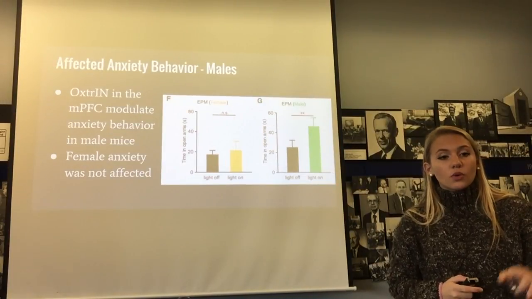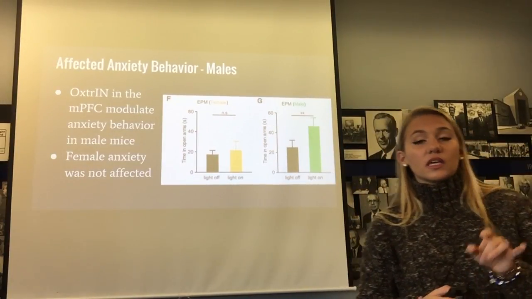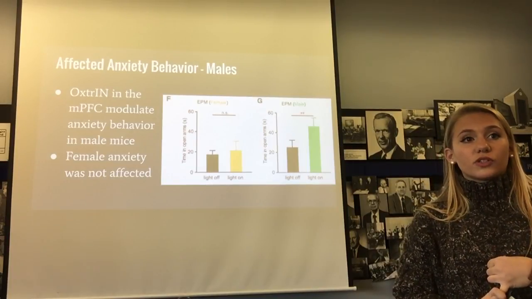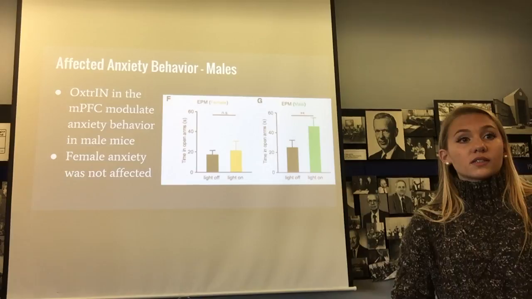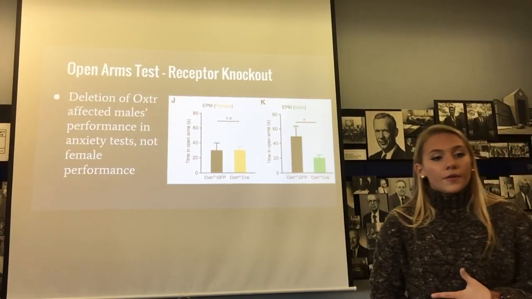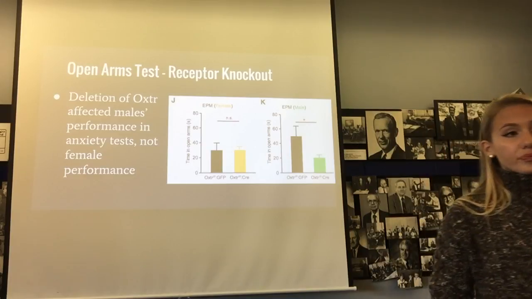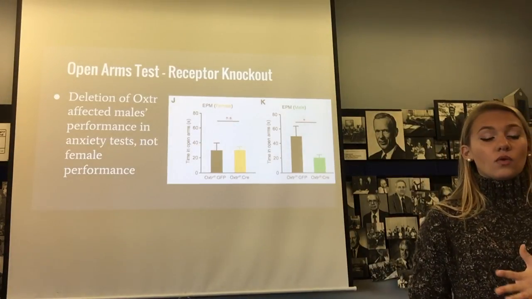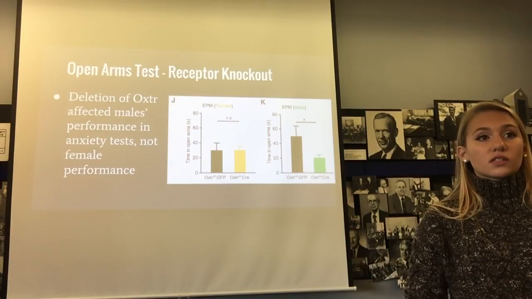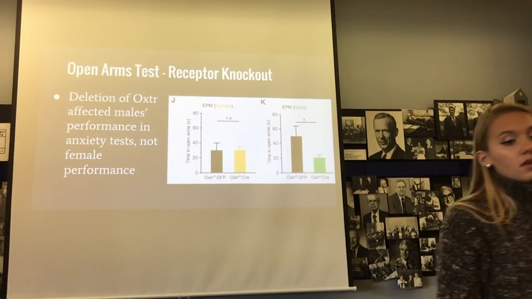So this one is the activity of the oxytocin receptor interneurons. This one is with optogenetics, either turning on those neurons or turning off those neurons. This one is with either an elimination or a total normal receptor on those oxytocin receptor interneurons.